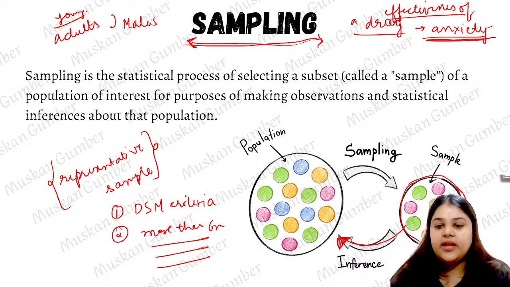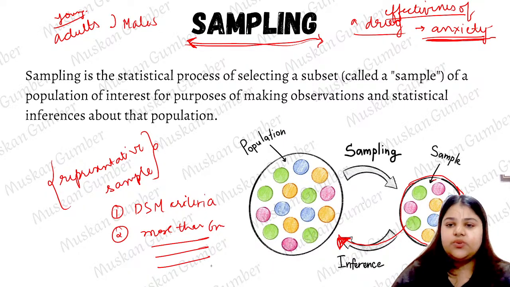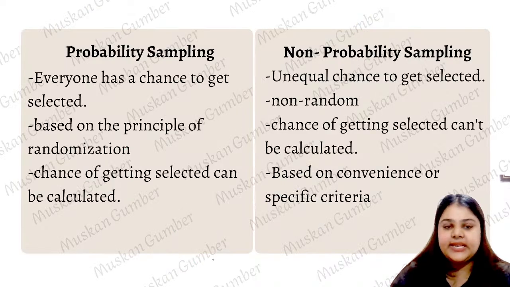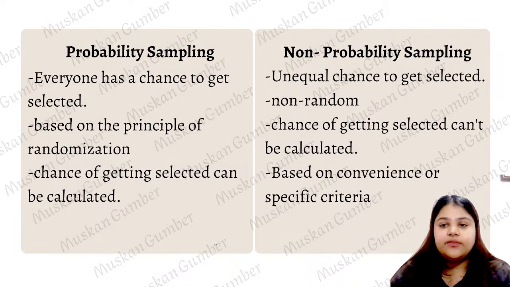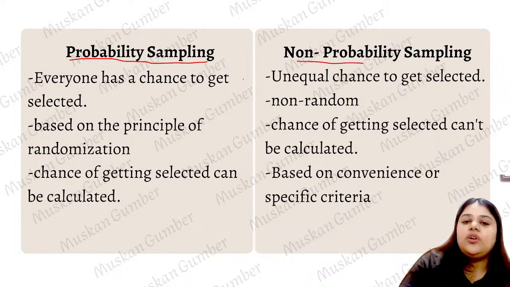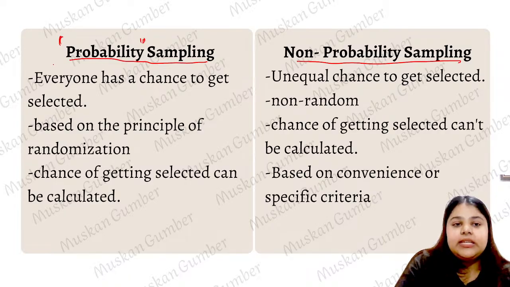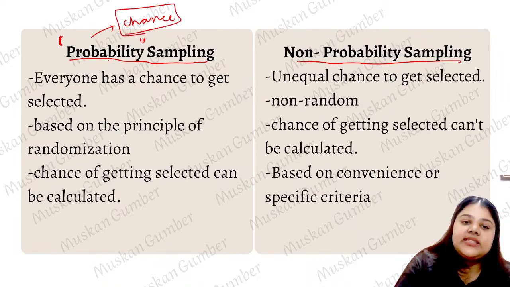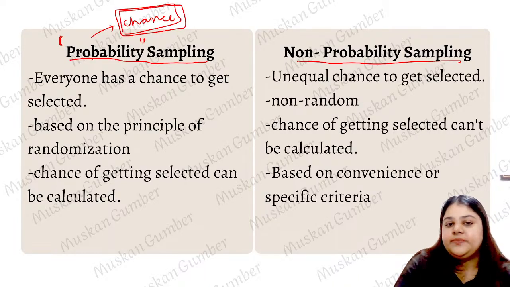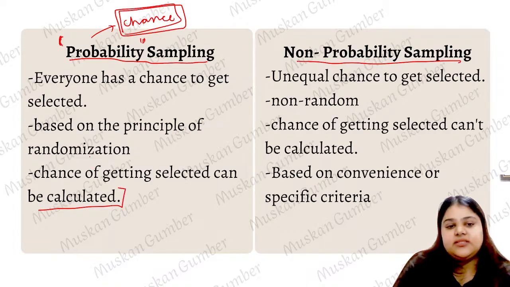Very good, everyone. Now, moving ahead, there are various types of sampling. We categorize them majorly into probability sampling and non-probability sampling. As the name suggests, probability basically means that there is a chance for everyone in the population to get selected, and we can calculate that chance.